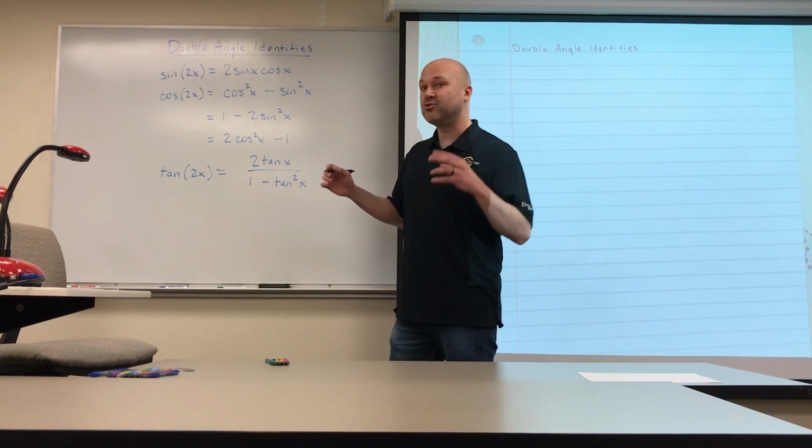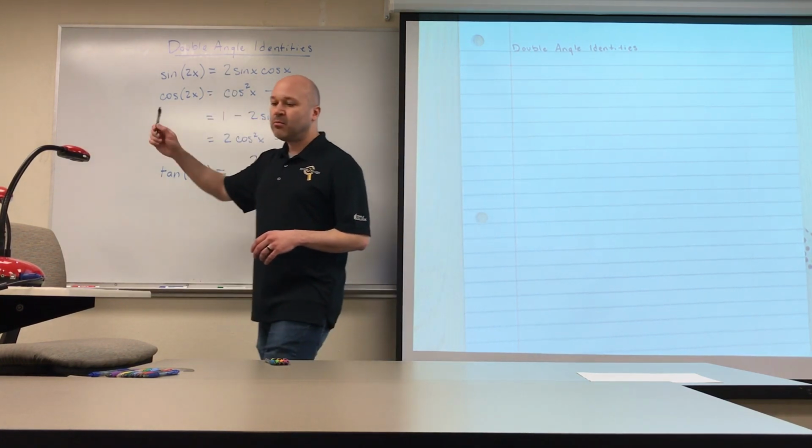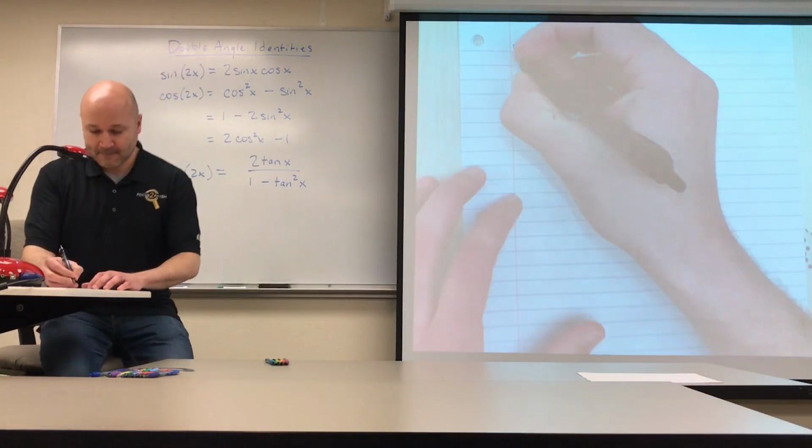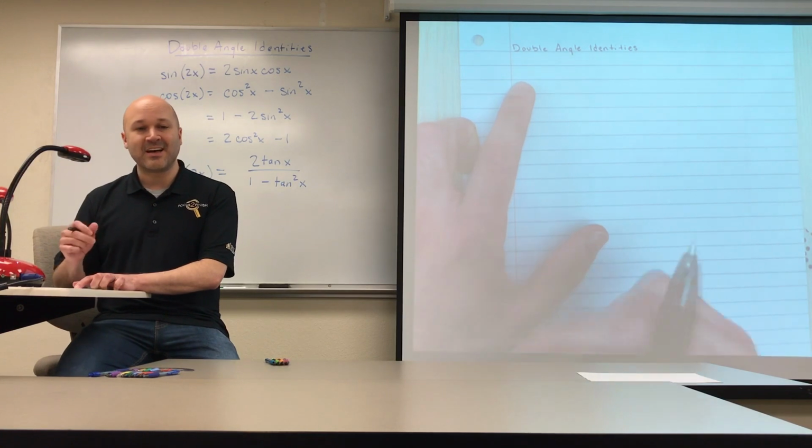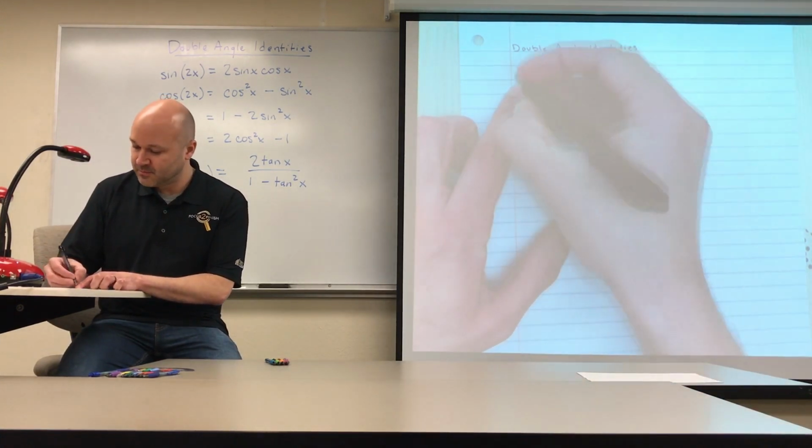So let's start off, let's derive sine's double angle identity. And in order to do that, like I said, I'm going to use sine's sum identity.